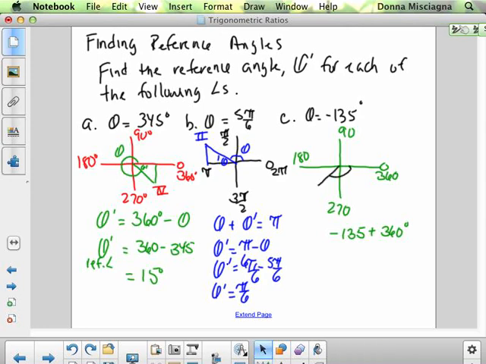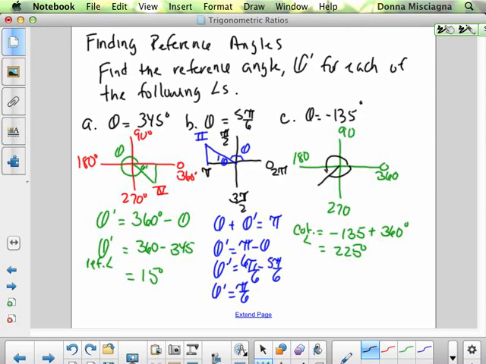Our coterminal angle, therefore, negative 135 plus 360 would give us 225. All right, so the angle that we're interested in, therefore, is this one. All right, notice, see, they start and stop at the same place.